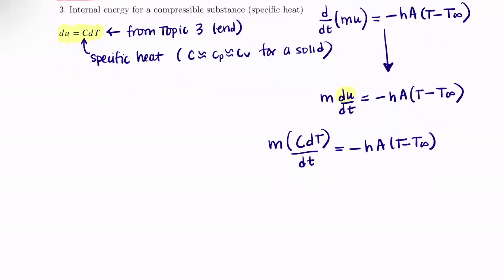One other thing that I am going to make a note of is that we can rewrite the mass of our object using the density. So we know that mass is density times volume, or we could also write this as volume over specific volume.